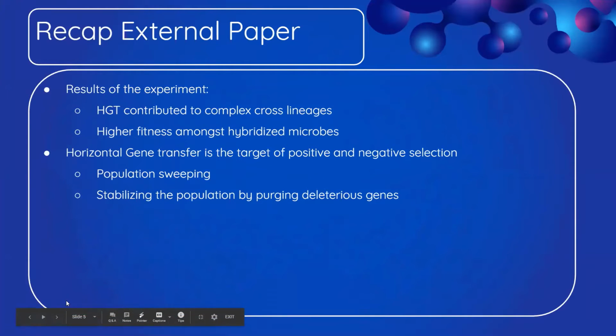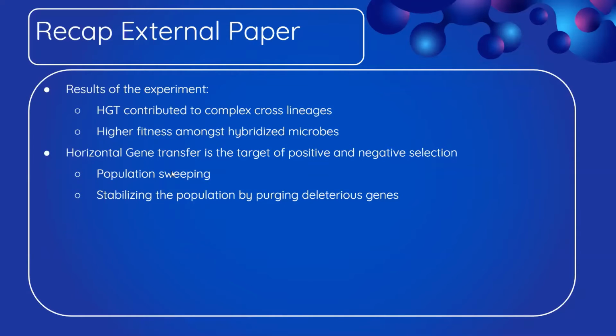It was further deduced that horizontal gene transfer contributed to creating these complex cross lineages of bacteria due to its expanding genome and acquired new functional genes. This also led to an increased fitness amongst the hybridized microbes at the end of the experiment, as opposed to the isolated subspecies present at the beginning of the experiment.